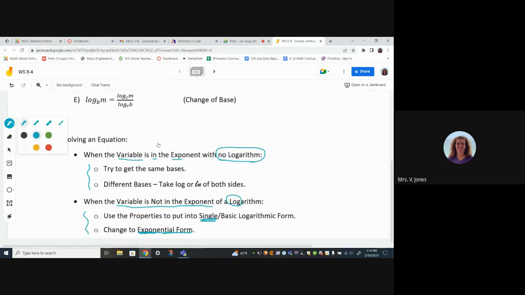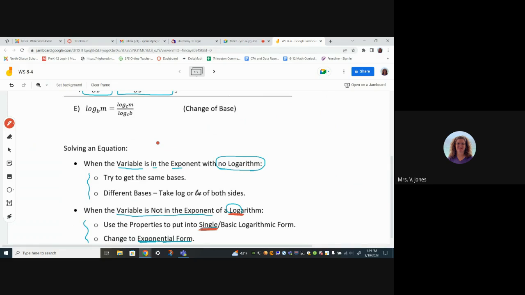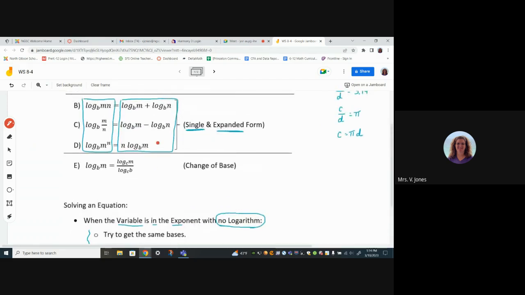If you're looking at your properties, all right, so we had a logarithm, and it says to put it into single basic logarithmic form. Well, you probably actually want to just do that if you're dealing with B and C, all right? If all you've got is a number out front right here, if you've got an equation, you could just divide both sides by that number.